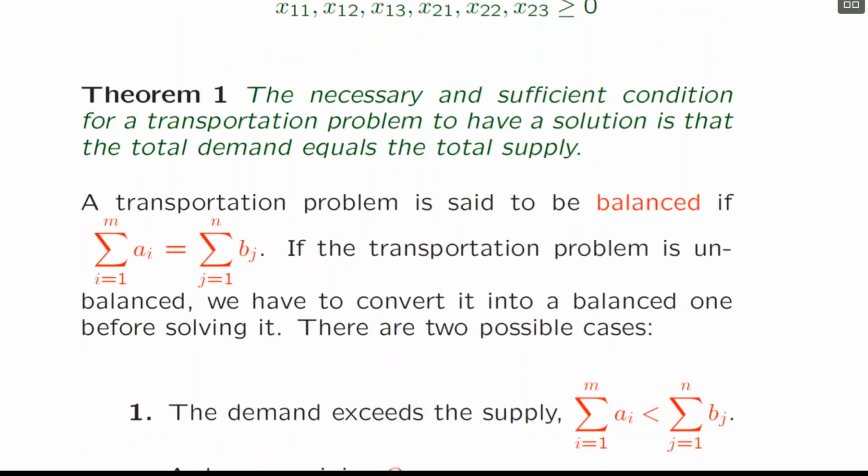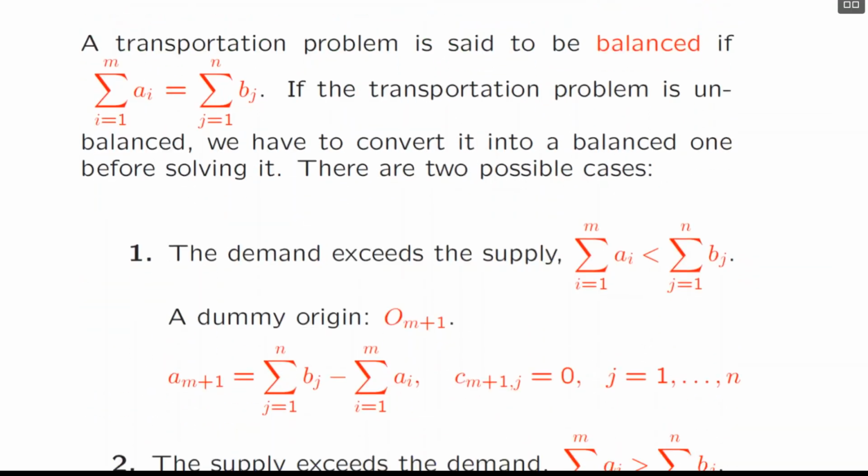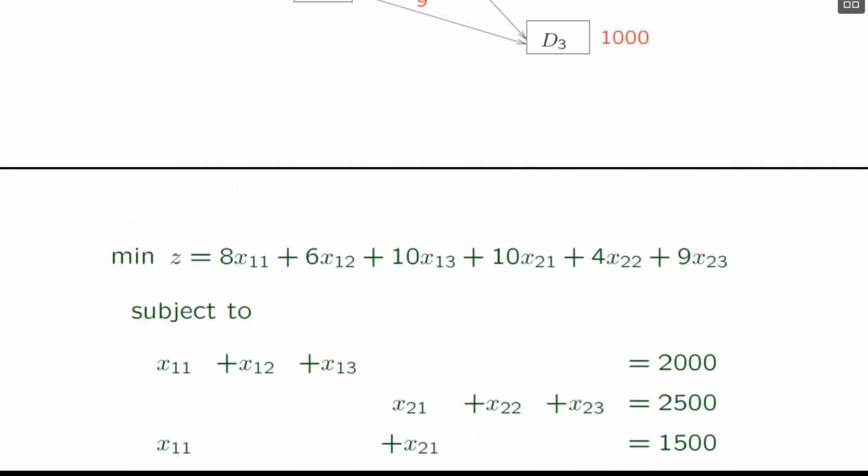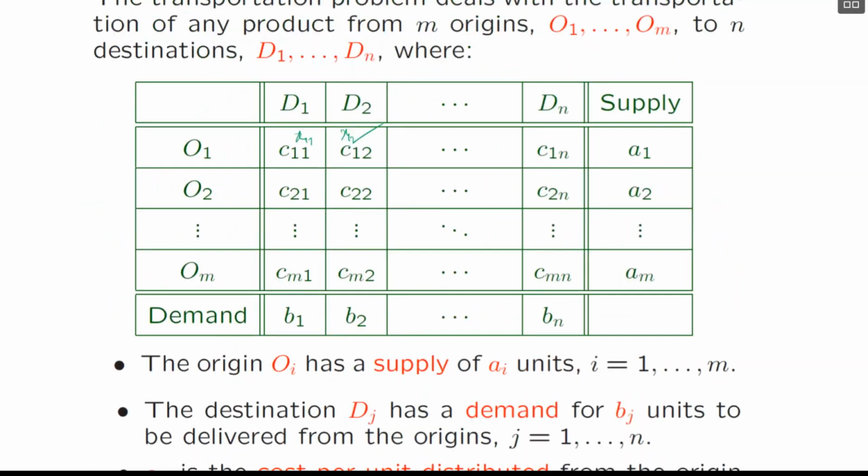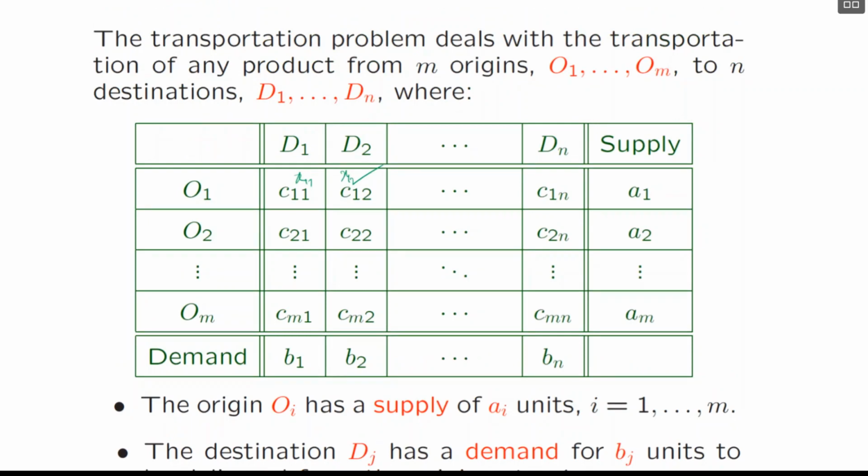So what we should do, if the demand exceeds the supply, that is, the total demand is more than the total availability of supply, that is sum ai is less than sum bj, then we should insert a dummy origin with cost 0. We were writing the origins along the rows. OM is the last origin here in the original table.